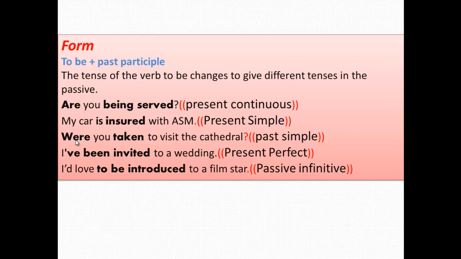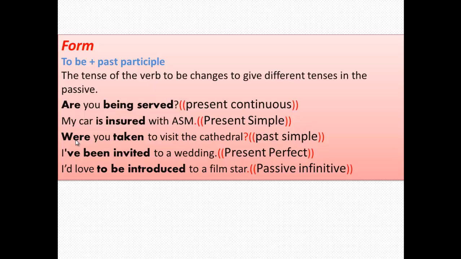So we have to use were instead of are. Are you taken? No. If we want to put it in the past, we put were. Were you taken to visit the cathedral? Here the meaning is in the past.